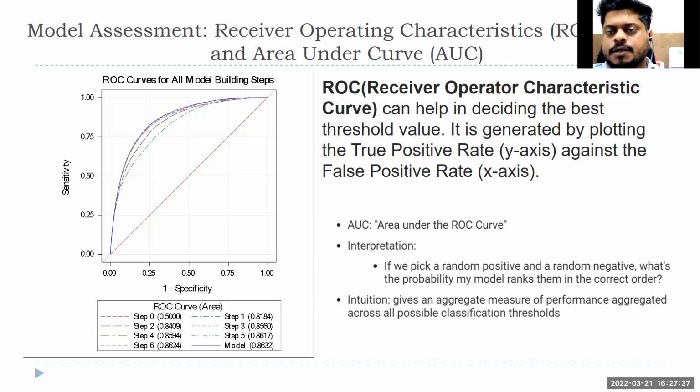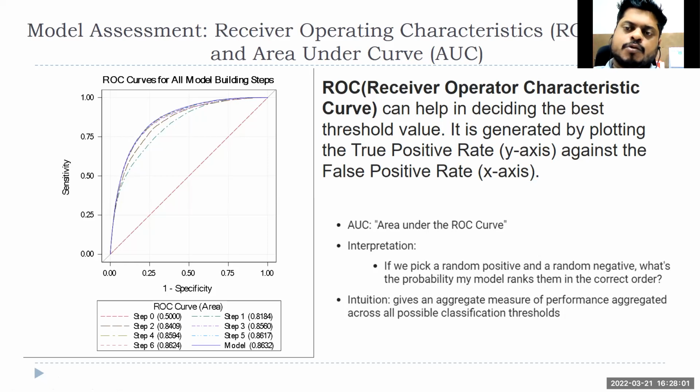By fixing my probability threshold, how many pairs of yes, no, so basically binary classification, 1, 0, whatever I take, am I able to correctly identify, right? That is nothing but your area under curve. If you randomly pick a positive and a negative, what is the probability my model ranks them in the correct order?